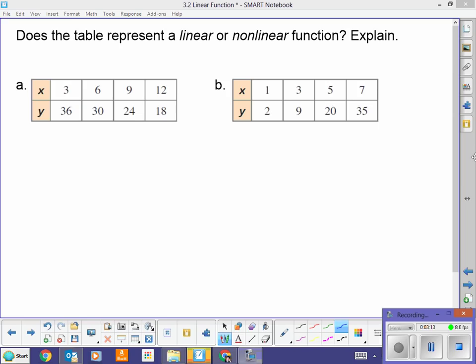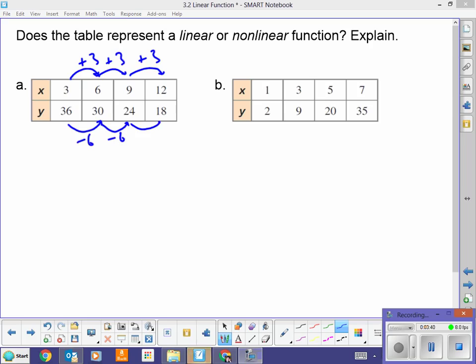So let's look at A. What's happening here with A? X is increasing by 3. 3 plus 3 is 6. 6 plus 3 is 9. 9 plus 3 is 12. The y values, how are they changing? 36 to 30 would be a minus 6. 30 to 24 is a minus 6.